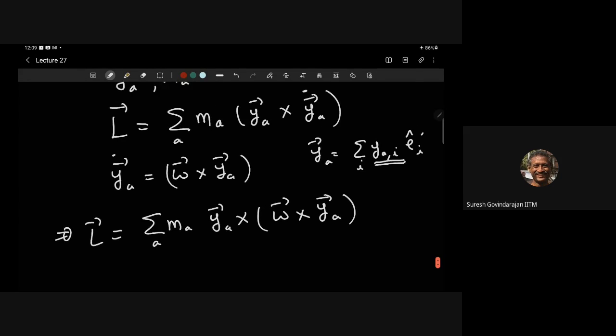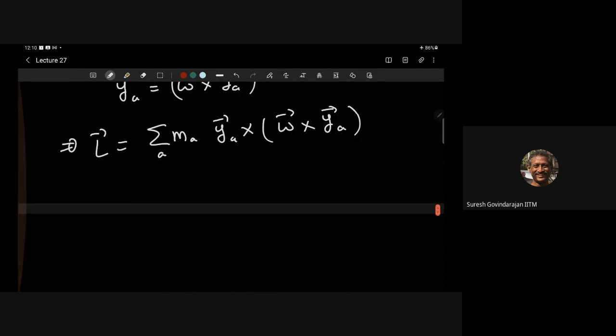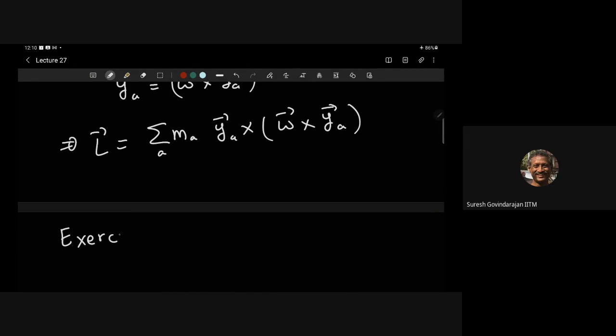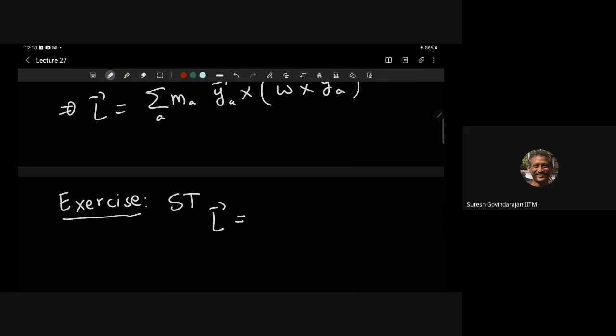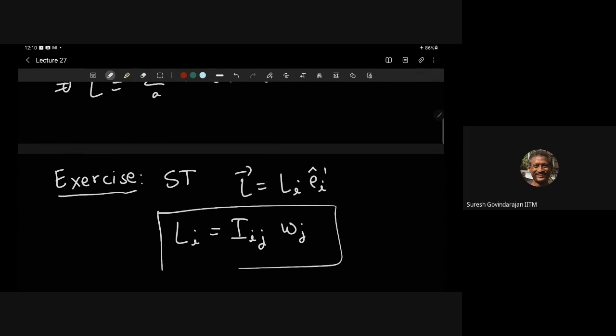Okay, so now we have to use the cross product identity, which I will leave as an exercise, so that L_i, so what we are going to say is L equals the sum of L_i e_i prime.